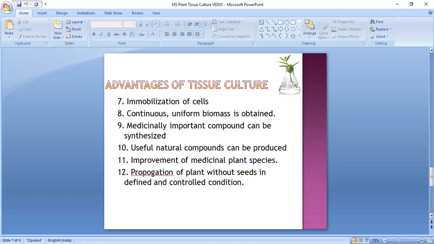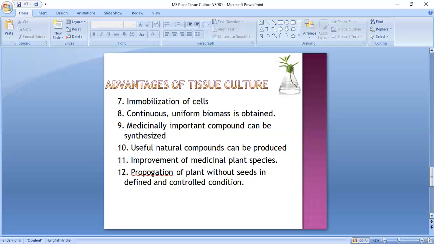Secondary metabolites are also obtained through the cultivation method, but here the nature of the natural compound is very good, or having a very high level of principle in that. Next is improvement of the medicinal plant species. We can improve the different plant species through the plant tissue culture by changing their pathways.